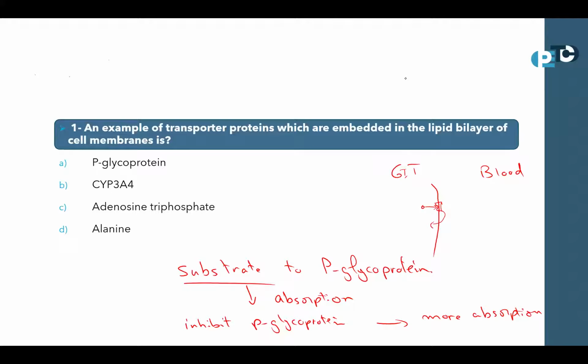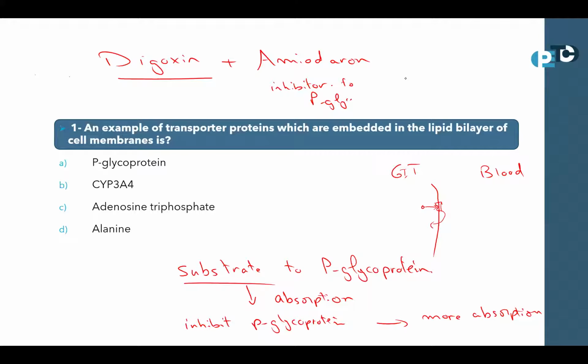One of the famous examples in this part is the interaction between digoxin and amiodarone. Digoxin is a substrate to P-glycoprotein, while amiodarone is an inhibitor of P-glycoprotein.